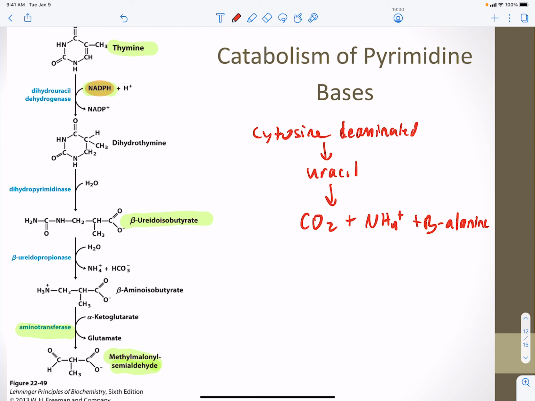And then, as I said, thymine is going to eventually become methylmalonyl semialdehyde.